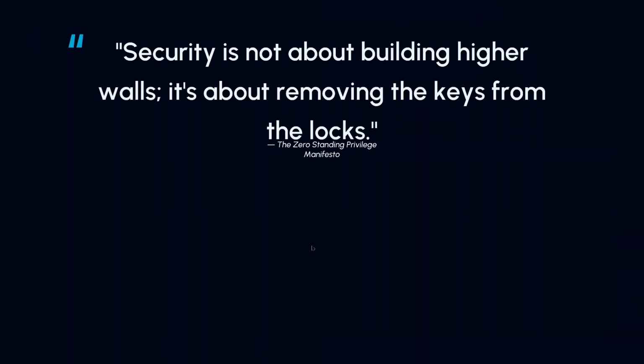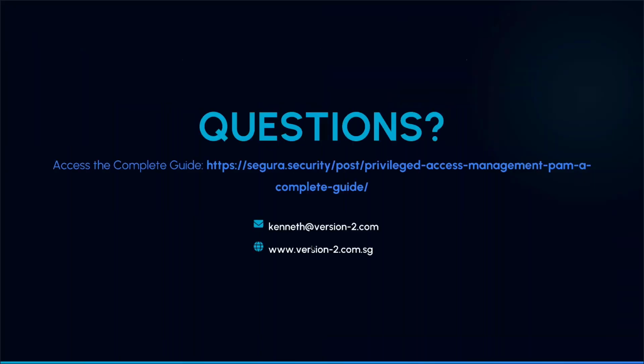This is an interesting quote. So this is a very quick sharing on how you can make Segura create zero standing privilege accounts without too much effort at all. The only thing you need to do is map those accounts, have them controlled by Segura, and turn on the script to do the just-in-time creation and removal.